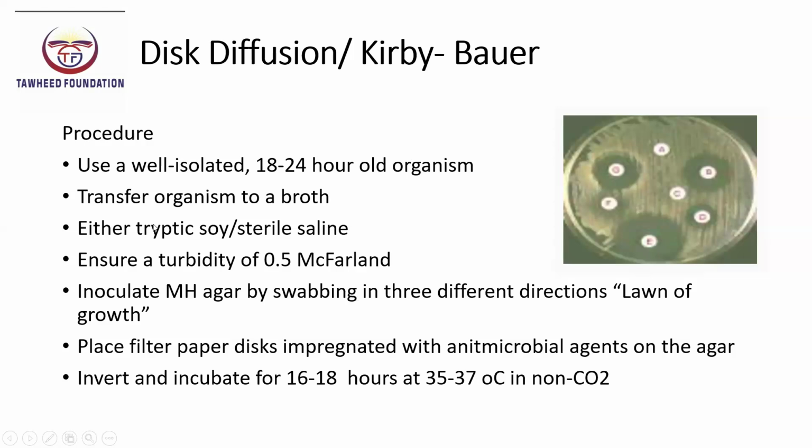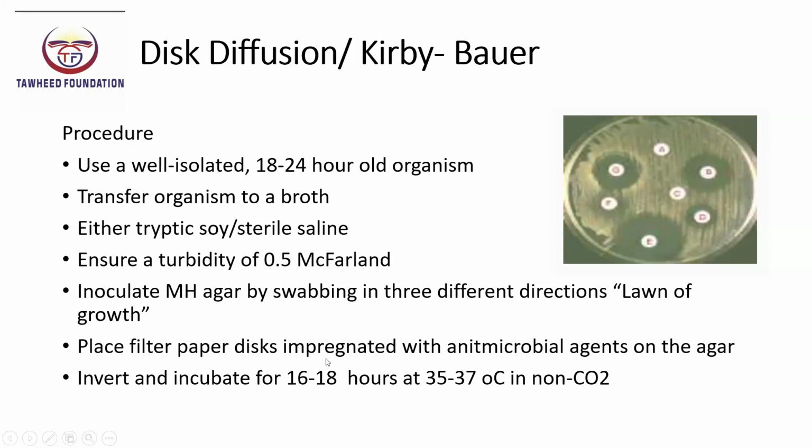So the procedure is to use a well isolated, around 18 to 24-hour old organism, transfer organisms to a broth, either tryptic soy or sterile saline, ensure a turbidity matching the 0.5 McFarland standard, and inoculate the agar by swabbing in 3 different directions to form a lawn of growth.